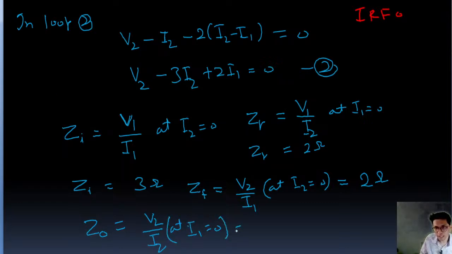So for finding zf and zo we'll use equation 2, and for finding zi and zr we'll use equation 1. So v2 upon I2 is going to be, here we have to put I1 equal to 0. I1 equal to 0 means v2 minus 3 I2 equal to 0, it means v2 upon I2 is 3, that is 3 ohm. Okay, this is the answer, guys.